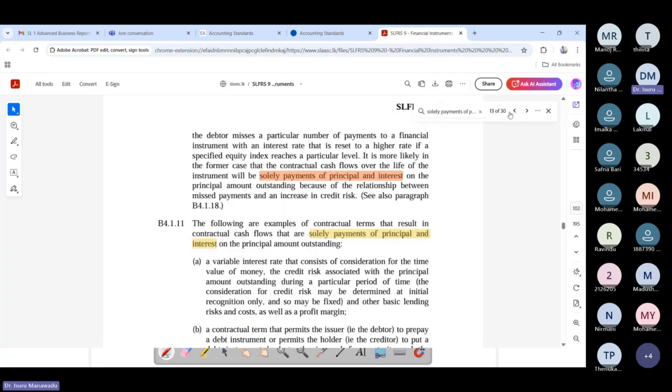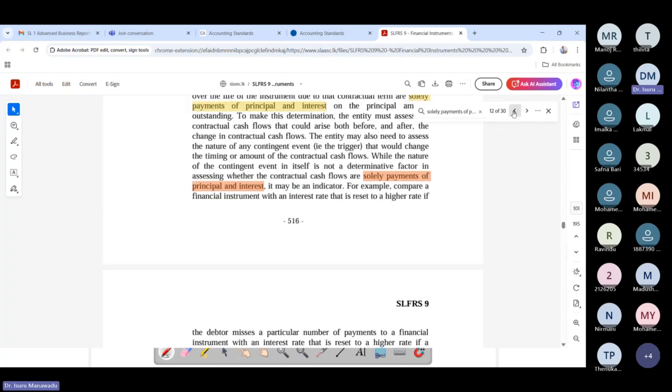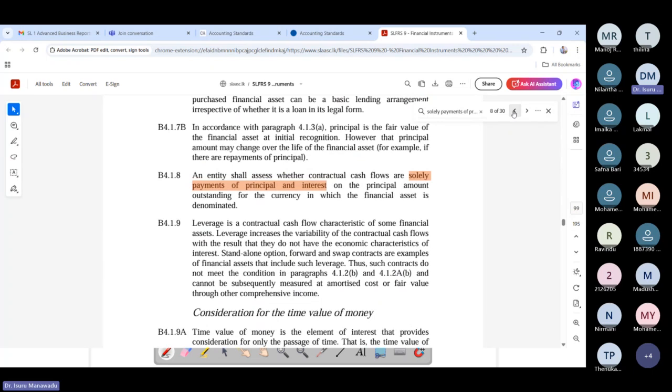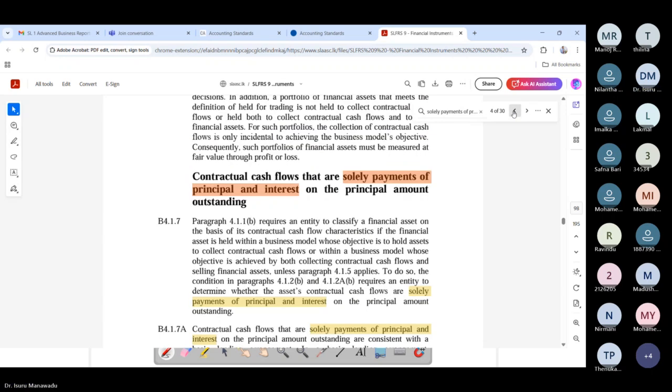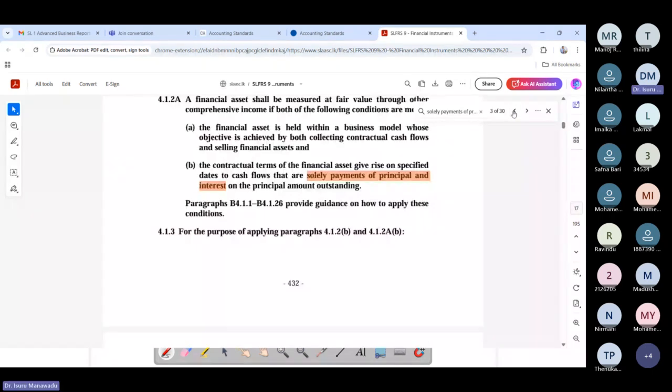All these things are nicely explained. What is solely payment? Look at this. That's what I was telling. Financial assets shall be measured at fair value through OCI if both the following conditions are met, right?